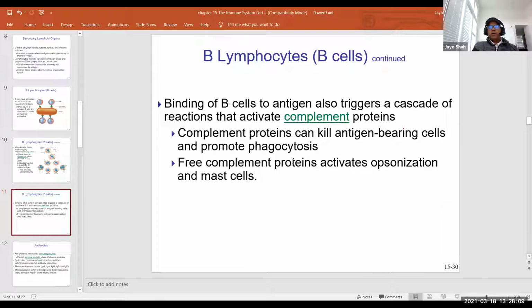At the same time, the complement protein which is not attached to the cell wall, and is free floating in the plasma, can activate opsonization and mast cells. So let's see opsonization. Opsonization is coating the bacteria with the antibodies.